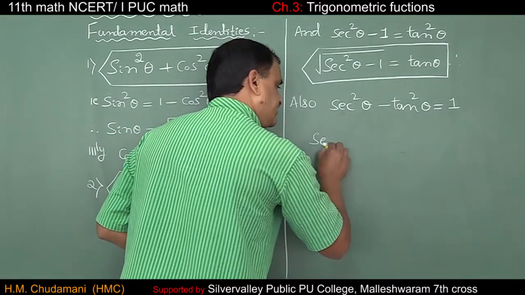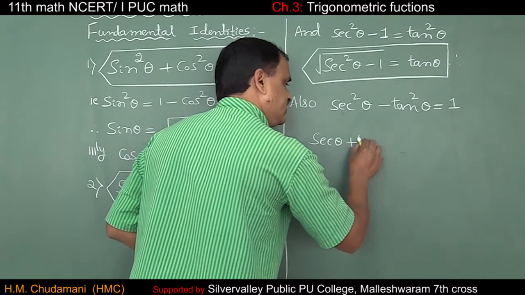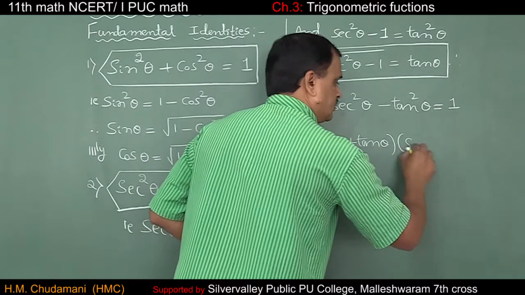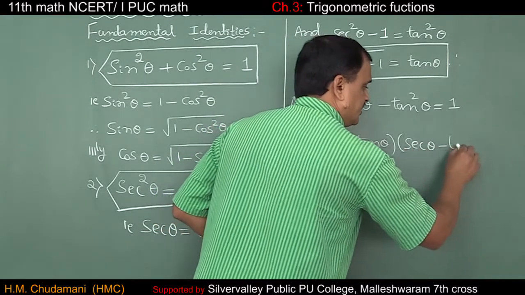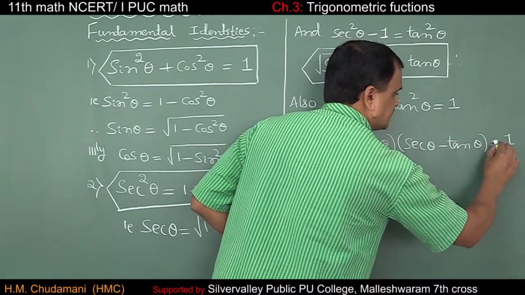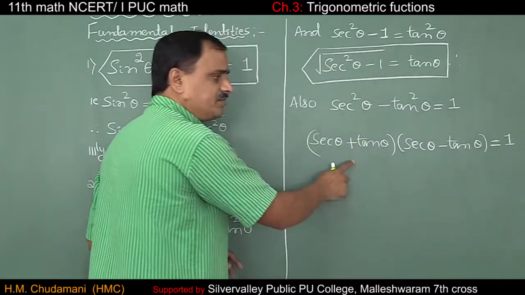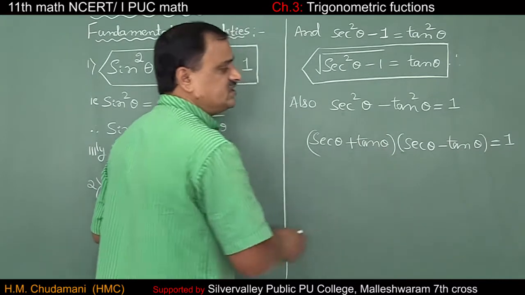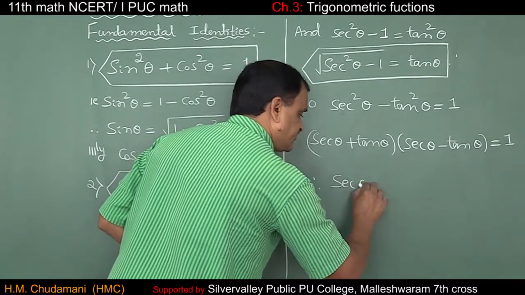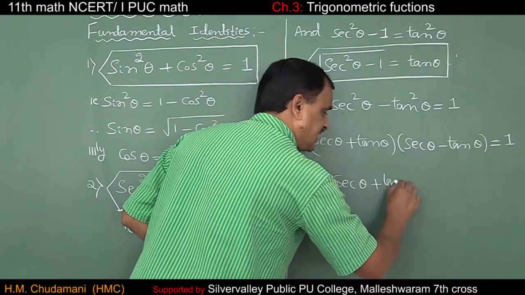We can write a square minus b square as a plus b into a minus b. That is nothing but secant theta plus tan theta into secant theta minus tan theta.